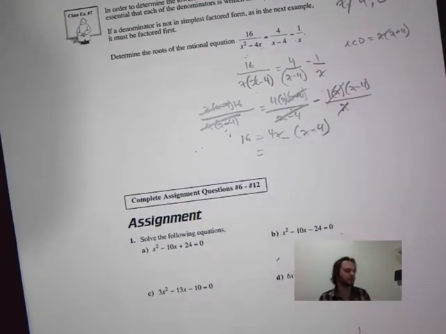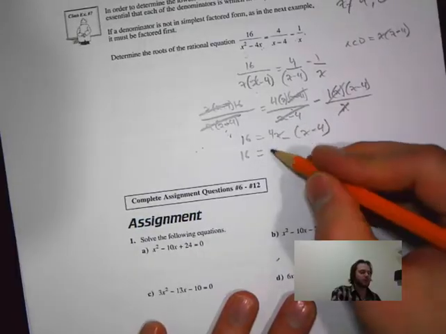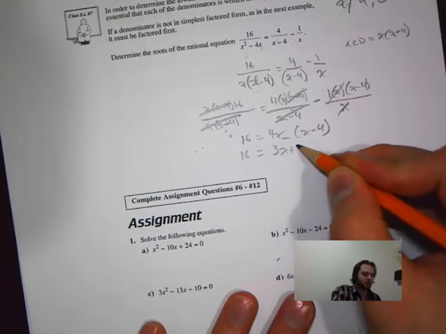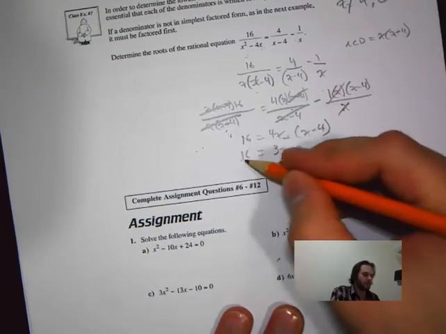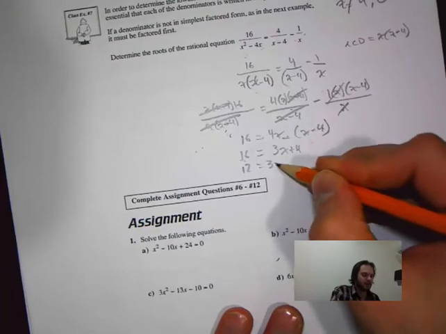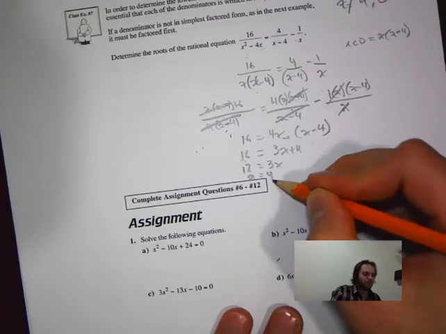So when I do that, this is going to give me 16 is equal to 3x plus 4, because it's minus both of those. So I move that 4 over, 12 is equal to 3x, and then I end up getting x is equal to 4.